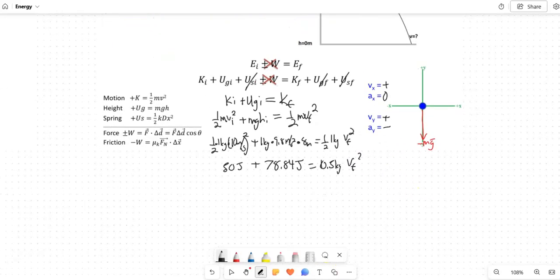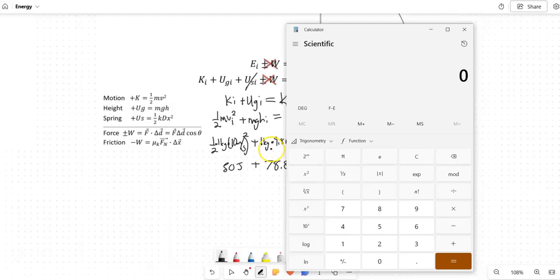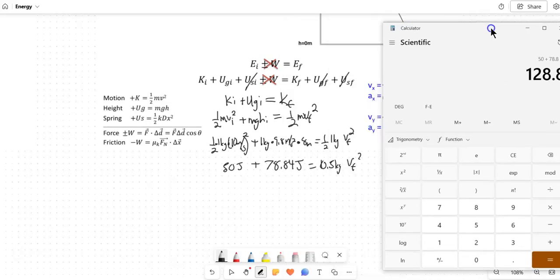So this side over there is going to be 50 plus 78.8. So that's 128.